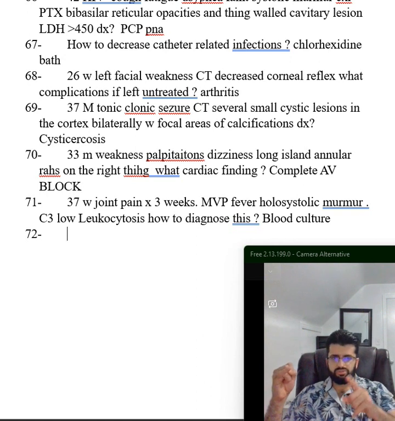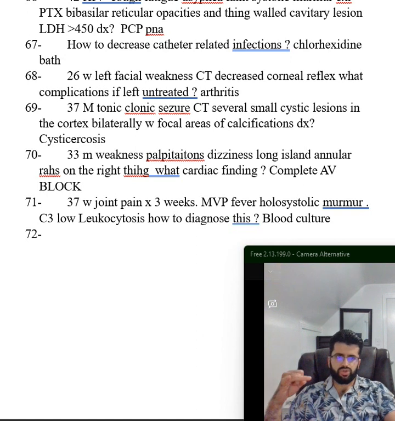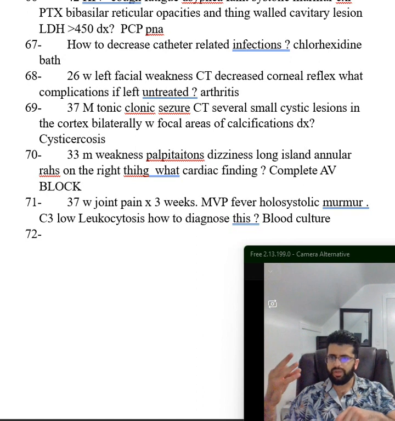IV drug abuse, we didn't find it. Fever, okay, which is there. Embolic phenomena or immunologic phenomena, and positive blood culture as well.